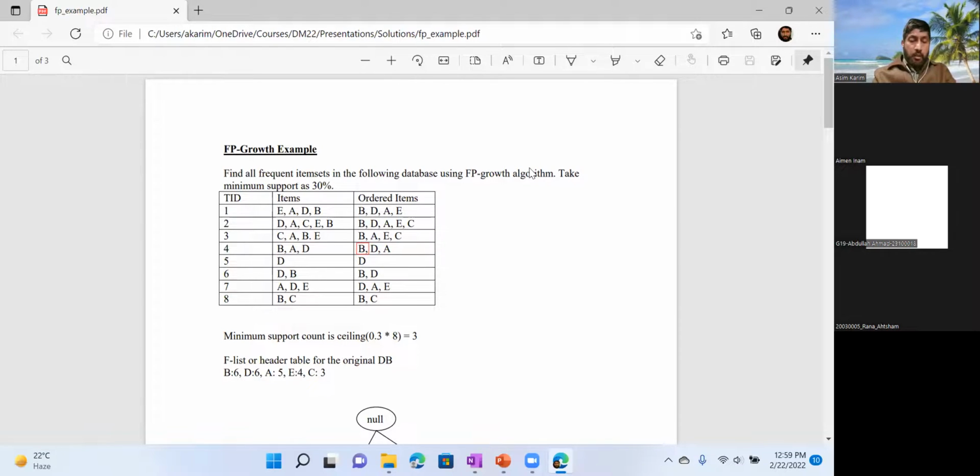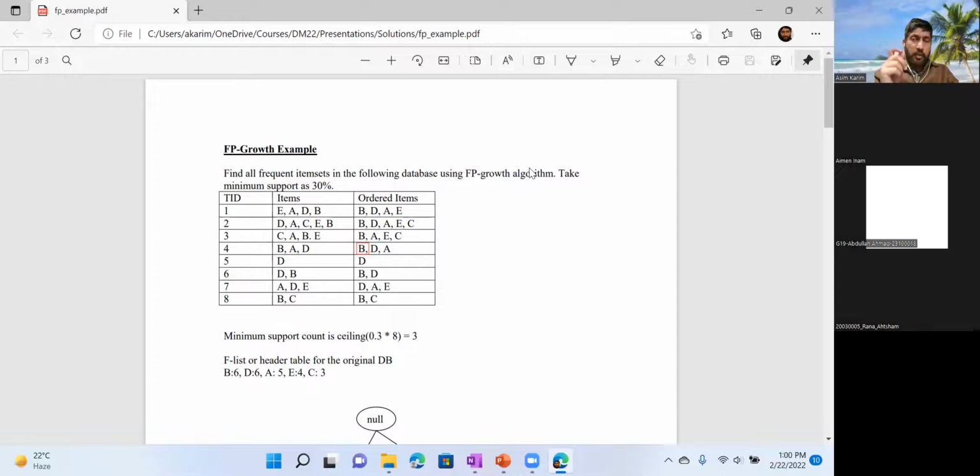So we had scanned the database once and found single item sets. We have written them in frequency descending order. And then we scan the database a second time, look at each transaction, write that transaction in frequency descending order and insert it into a tree.